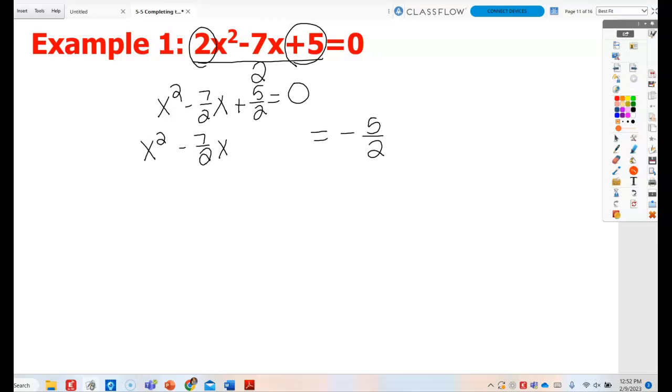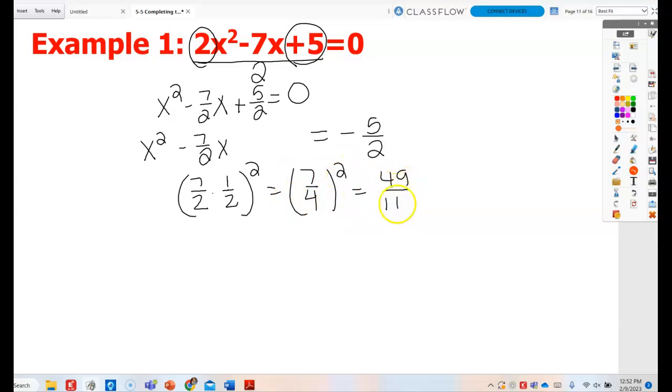So you're going to take the 7 over 2 divided by 2 squared, which is 7/4 squared, which is 49/16. We're going to add that to both sides.